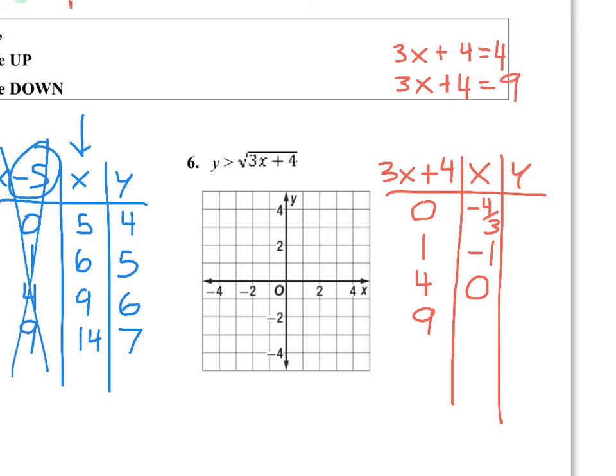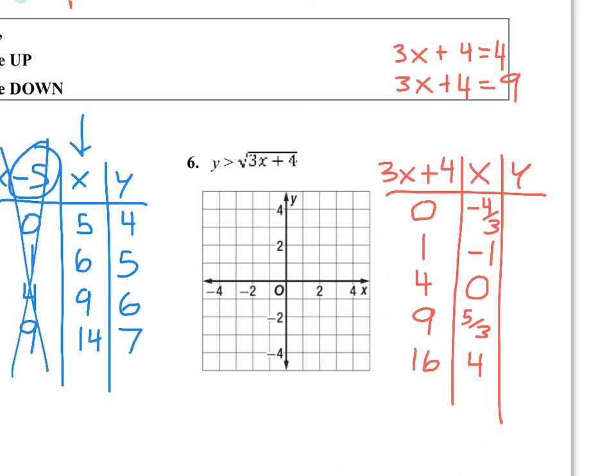Alright, so what would make that one true? That one would be 5/3. And it seems like we're still on the graph, so I should add one more perfect square. If x were 4, 3x plus 4 would be 16.